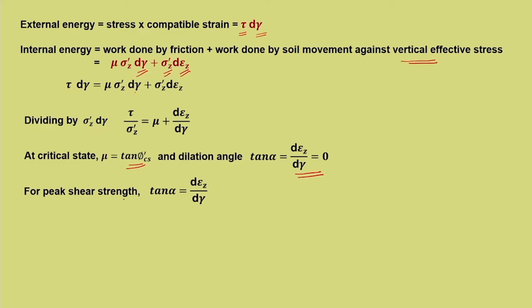But for a peak shear strength condition, tan alpha is equal to d epsilon z by d gamma or vertical strain to shear strain. So, Taylor's model is then the summation of these two components.